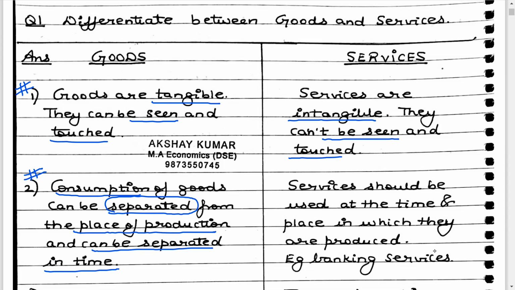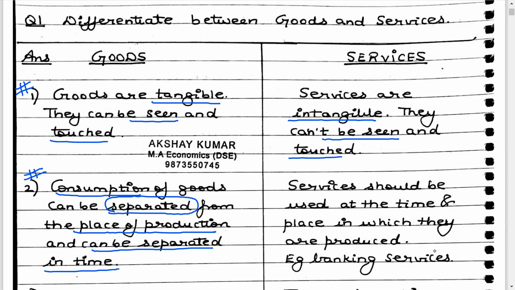That means goods might be produced at some place but might be consumed at some other place. I hope students have understood this. This means it is completely possible for a good to be produced at one place but consumed at another place.